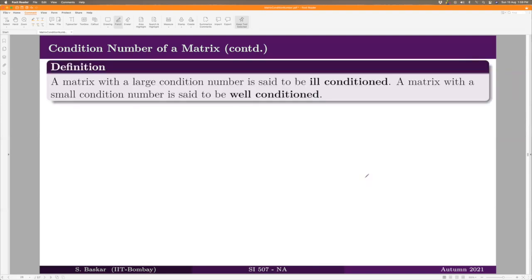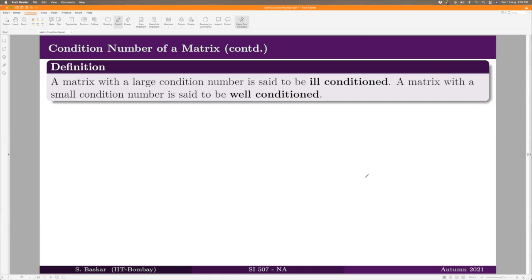So with this, we will also define what is called ill condition and well condition. This is not something new to us. We already introduced these names with respect to function evaluation. Let us now extend our idea to matrices also. A matrix with a large condition number is said to be ill conditioned, whereas a matrix with a small condition number is said to be well conditioned.